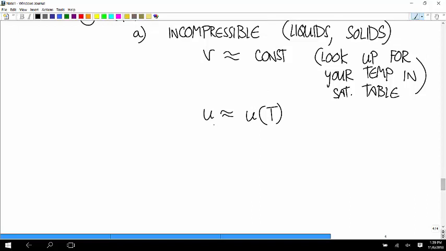And because of this second assumption, we'll introduce this new C that's called the specific heat for an incompressible model. And we're going to treat that as being the same as C sub P, which is the same as C sub V, and that's equal to dU/dT, the derivative of U with respect to temperature.